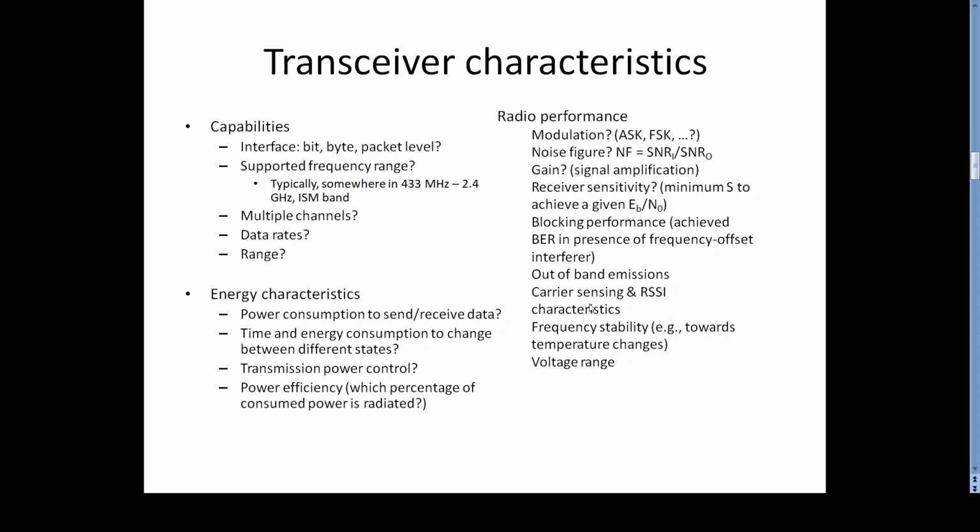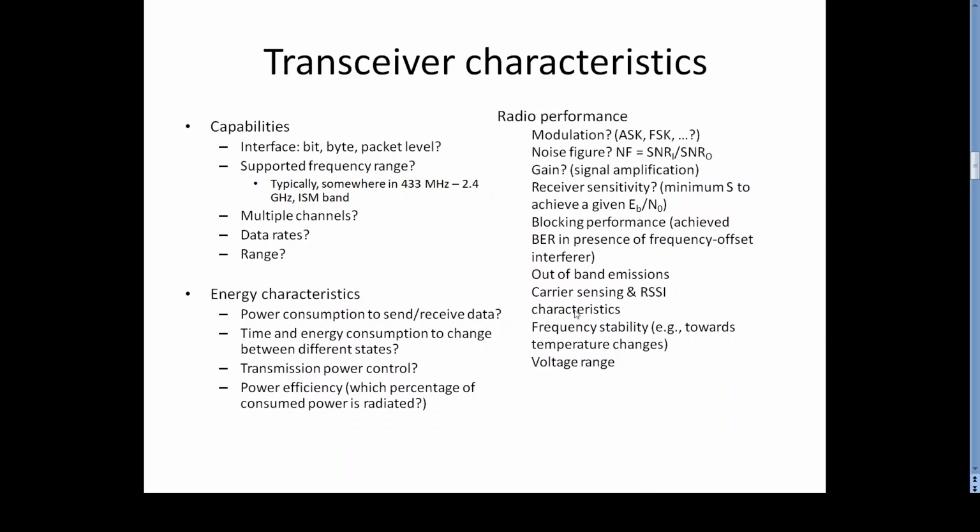Carrier sensing and RSSI characteristics. In many medium access control protocols, sensing whether the wireless channel, the carrier, is busy is critical information. The receiver has to be able to provide that information.